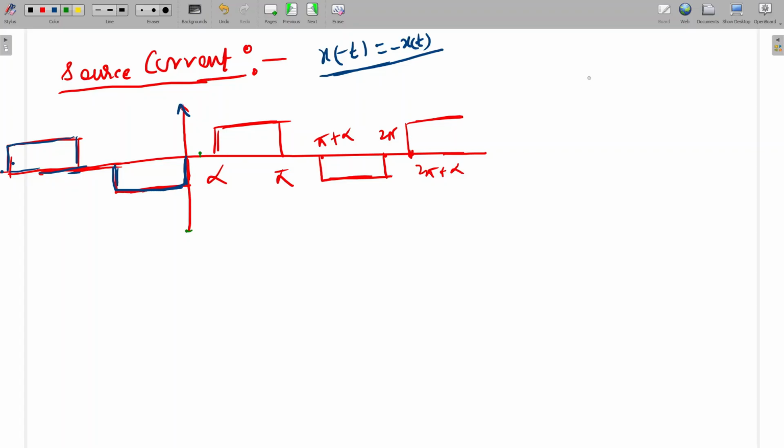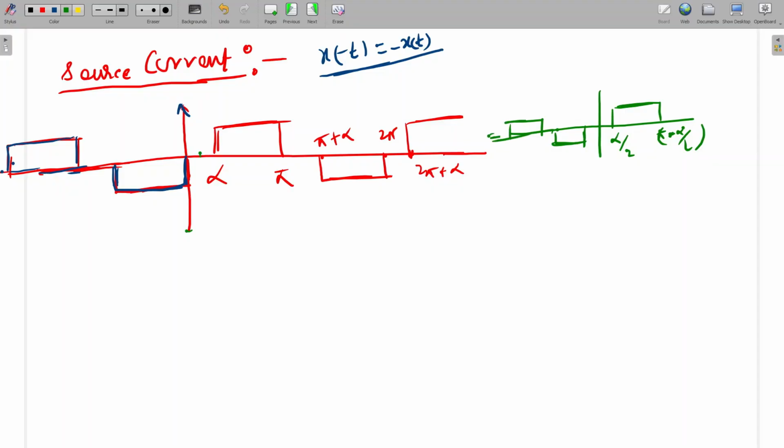So the shifted waveform I am going to draw. It will start from alpha by 2, pi minus alpha by 2, and here also it will shift.